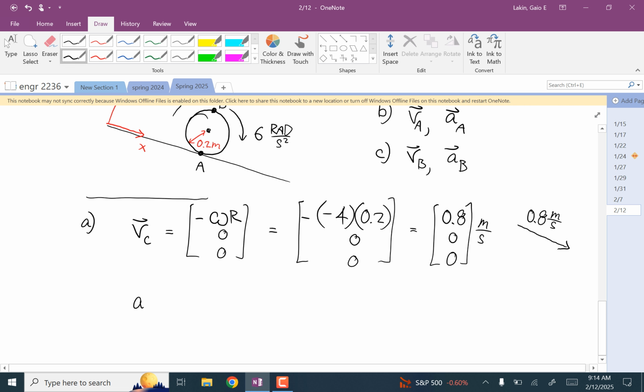Okay, the acceleration of the center is negative alpha r, 0, 0. Again, alpha is negative here because it's clockwise. So this is negative of negative 6 times 0.200.